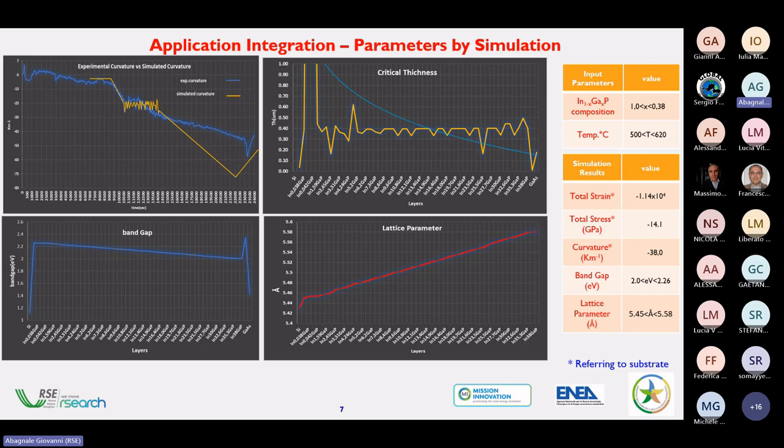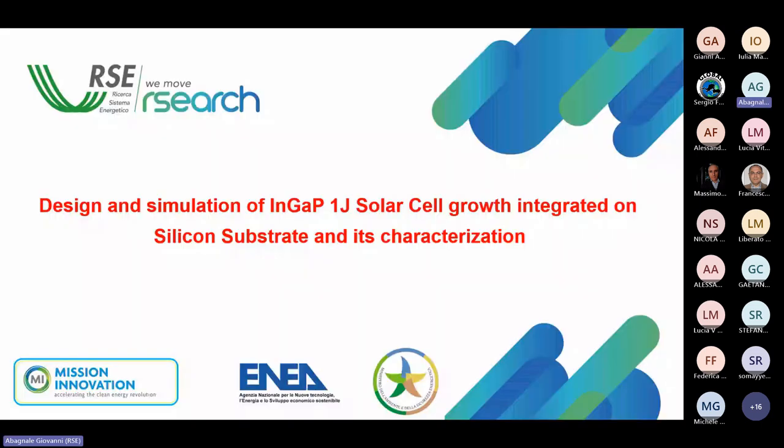Based on the results of the simulation, we designed and simulated an indium gallium phosphide single-junction solar cell grown on the silicon substrate.